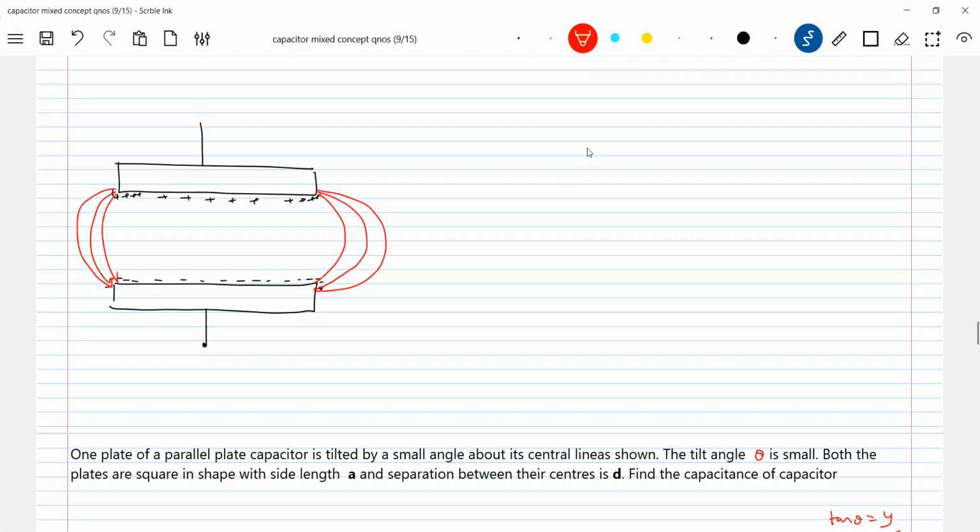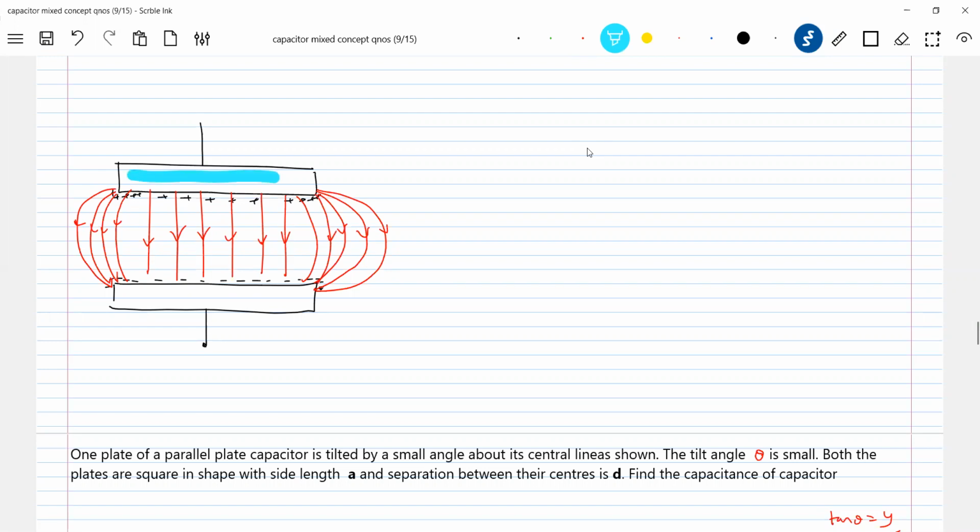Why is this? Because of the sharp edges, the charge will be crowded. Somewhere in the middle of the plates it will be uniform. So this is what a practical capacitor will be like.